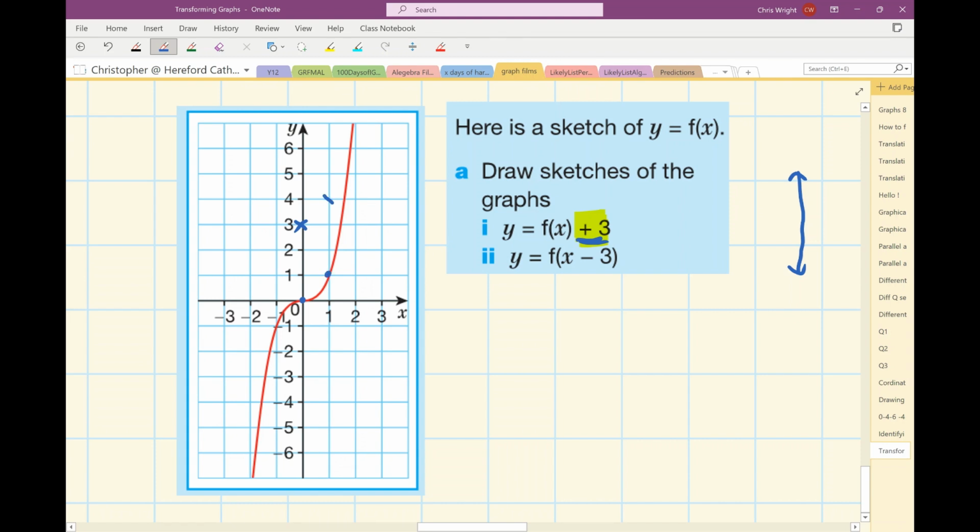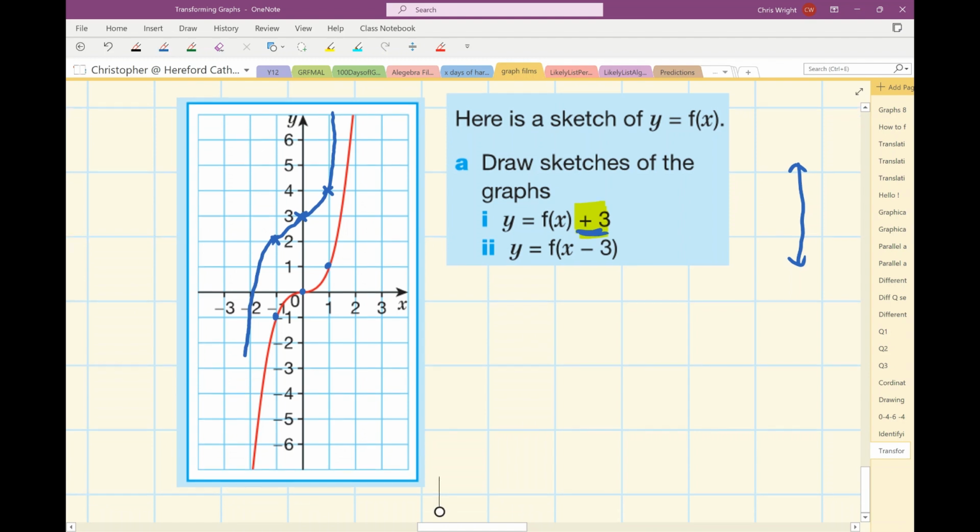Its new y-coordinate will be 4. This point has a y-coordinate of -1. Its new y-coordinate will be 3 higher here. So my whole graph is going to be exactly the same, except it is translated by 3 units up. So it's going to look something like that. That's a translation of 3 units in the y direction, or it's a translation by the vector 0 along and 3 up.